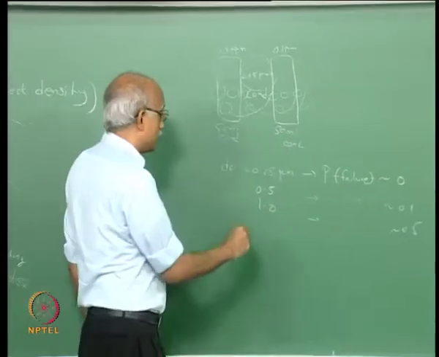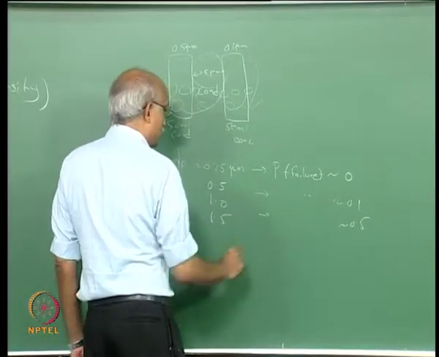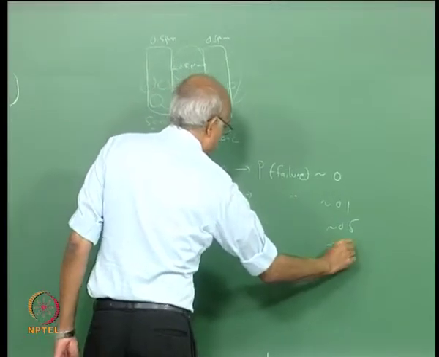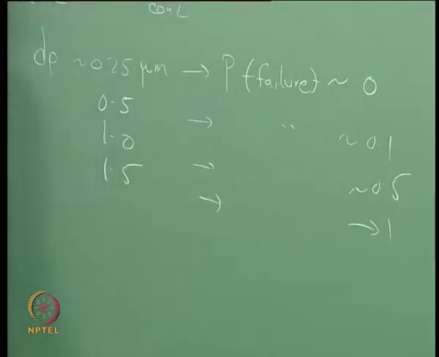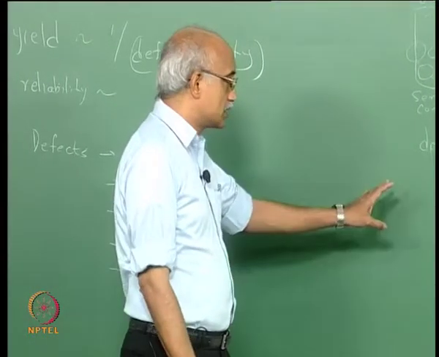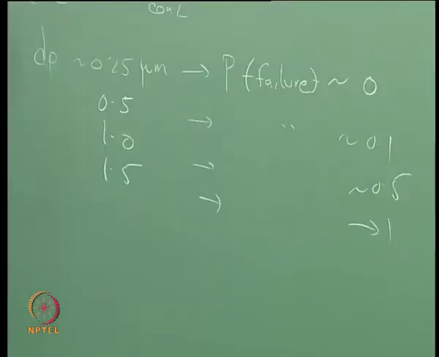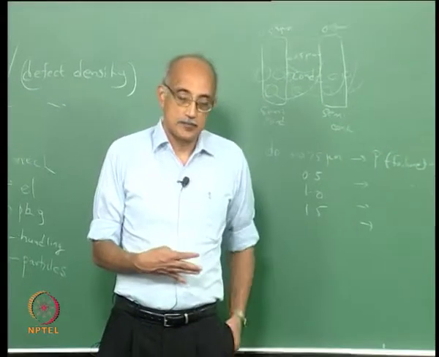And finally, let's say you have a 1.5 micron size particle, then the probability of failure starts to approach 1. It's pretty much guaranteed that you are going to have a shorting, essentially a conductive pathway that's going to bridge the semiconductors. So this is what we mean by particles causing a yield loss in this case.